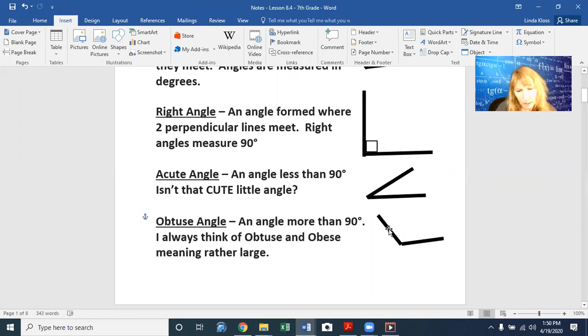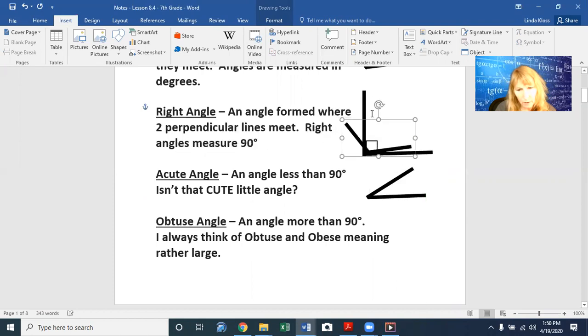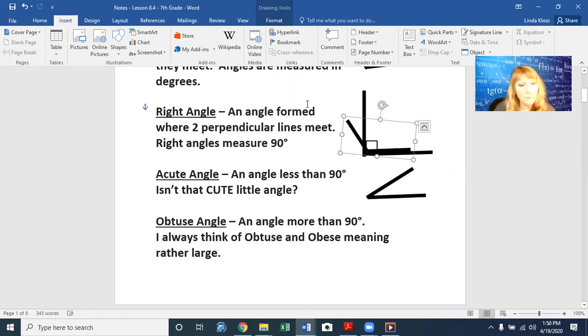So if I were to take this angle and put it up here and turn it just a little bit, you can see that this line here is past the 90-degree line. So it's bigger than 90 degrees. I would guess that's maybe about 100 degrees. So it's just an estimate.